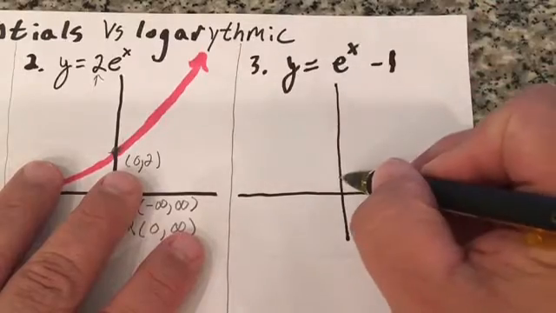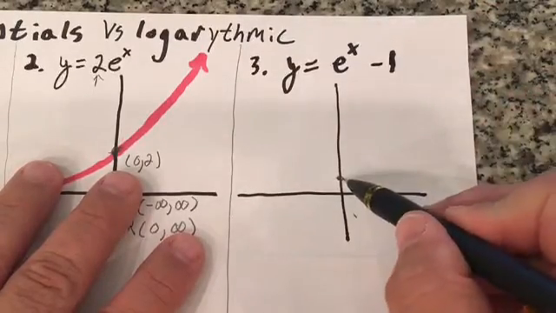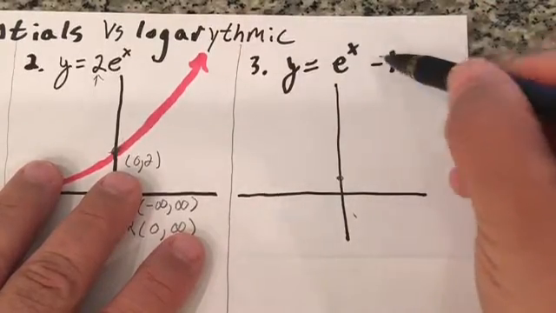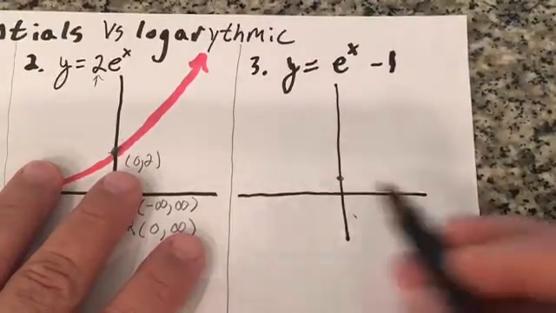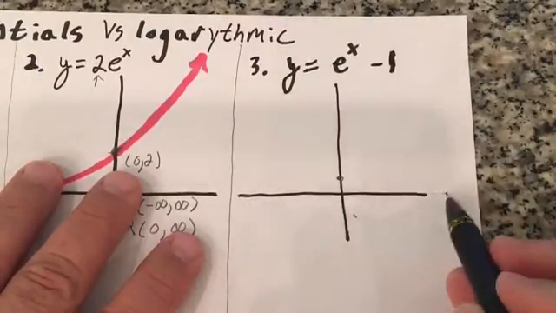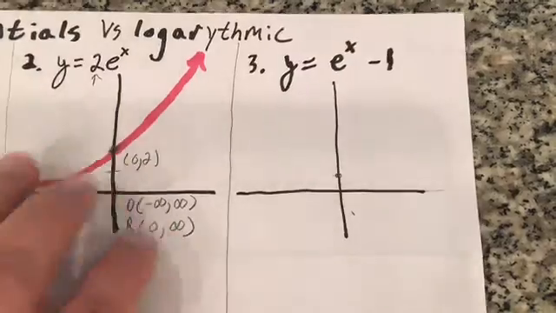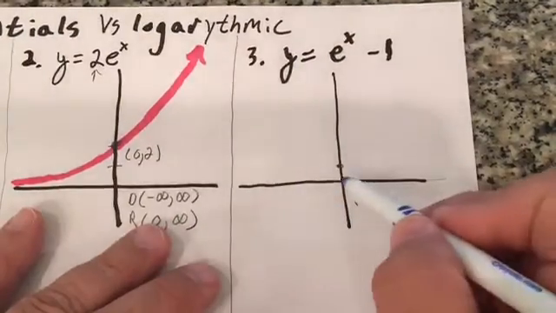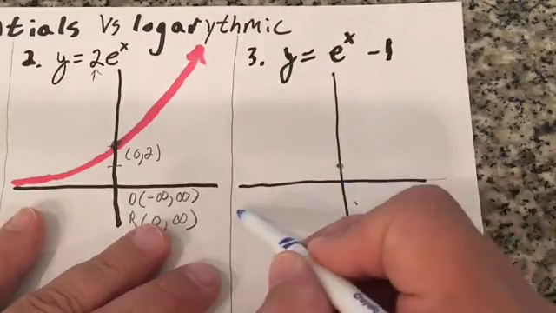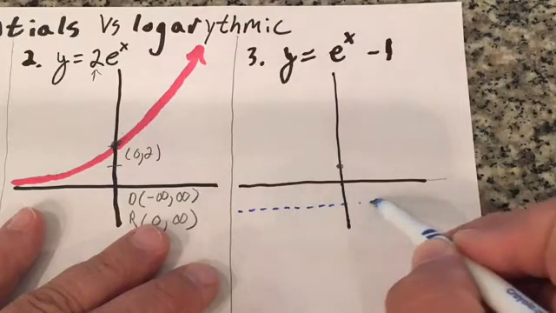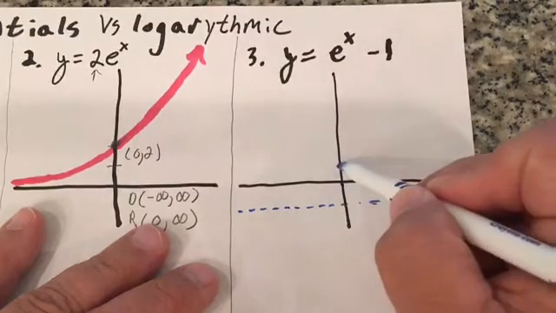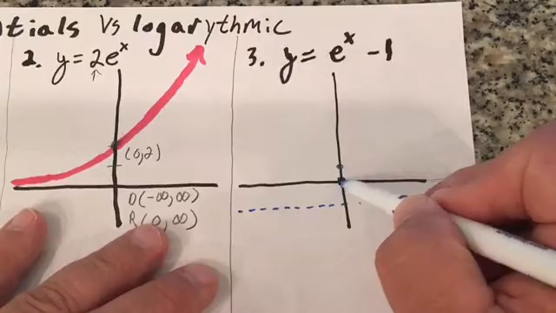Now the original graph was supposed to go through 0, 1. But because I have this minus 1 here, it's now going to shift everything down, even this horizontal asymptote. So now I'm going to have a horizontal asymptote instead of at 0 at y equals negative 1. And instead of going through 0, 1, it's actually going to go through 0, 0.